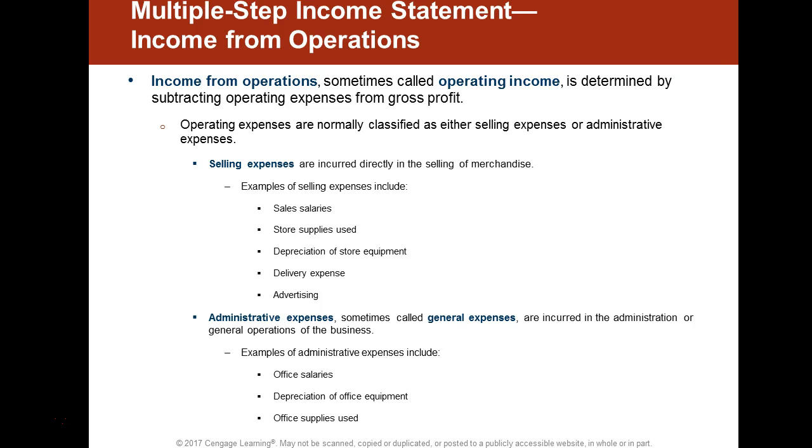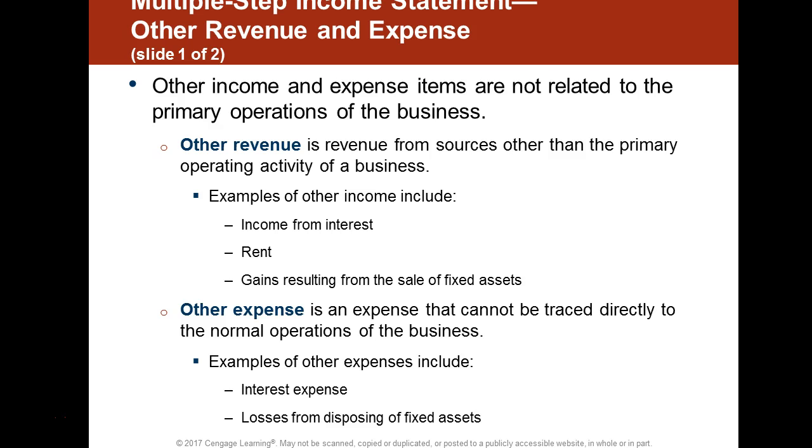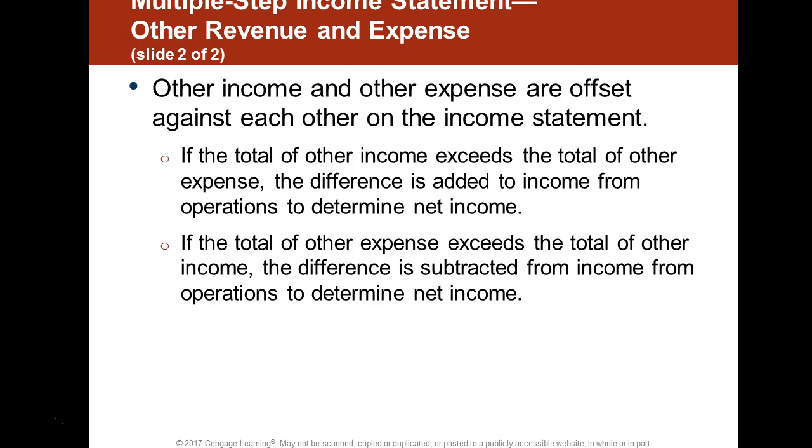Here we're actually taking income from operations and breaking it into selling expenses and administrative or general expenses. That's just giving you an idea why the multi-step income statement provides more information. It gives you more detail, and it breaks things out and makes it a little easier for you or others to read.